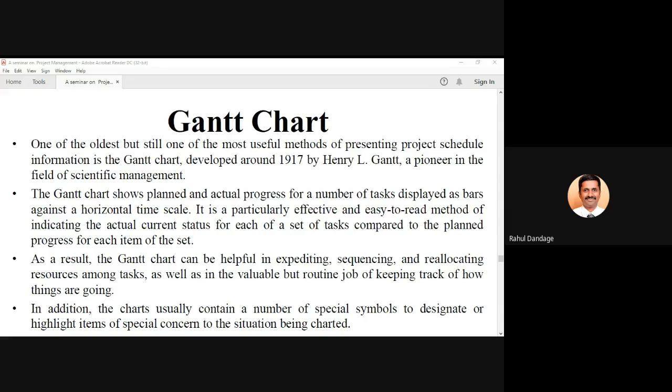It is a particularly effective and easy to read method of indicating the actual current status of each of a set of tasks compared to the planned progress for each item of the set.